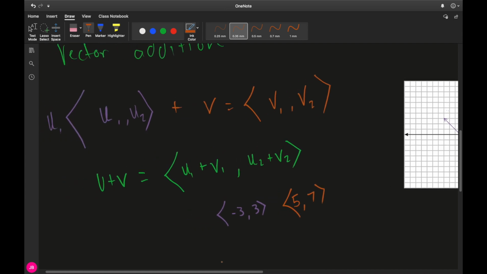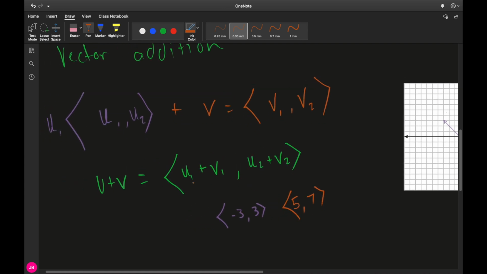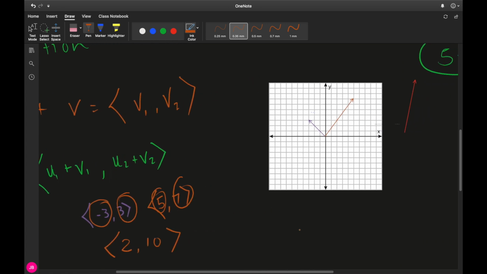So according to this formula that I have here, I should get my new vector by simply adding this and this and this and this. So negative 3 plus 5 gives me 2, and 3 plus 7 gives me 10. So my new resulting vector should be 2, 10.